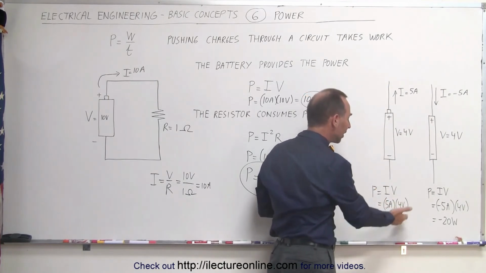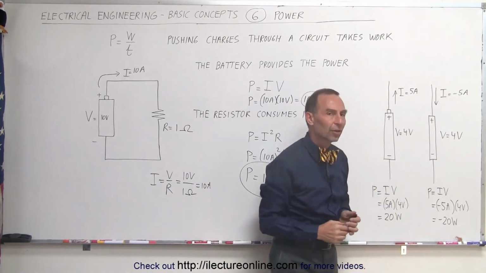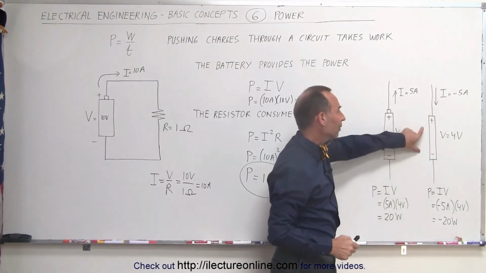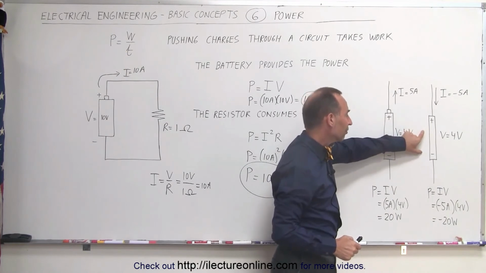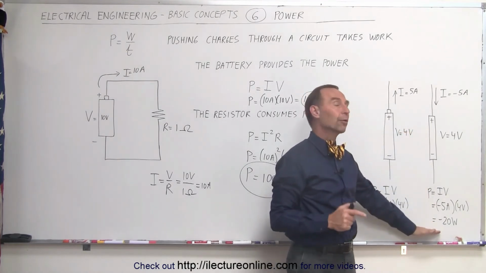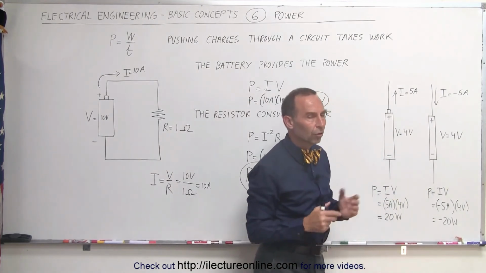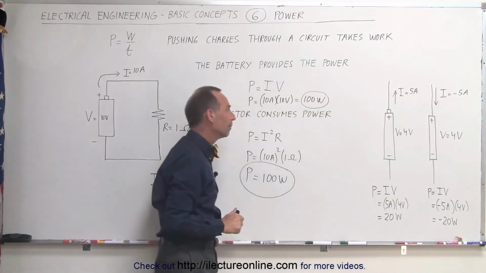A positive 5 amps times 4 volts is 20 watts in this case. But if something else is drawing current in the opposite direction, then this battery does not provide positive power. Then we have negative power across the battery because the current is being driven in the opposite or negative direction. So we want to make sure we keep that straight as well.